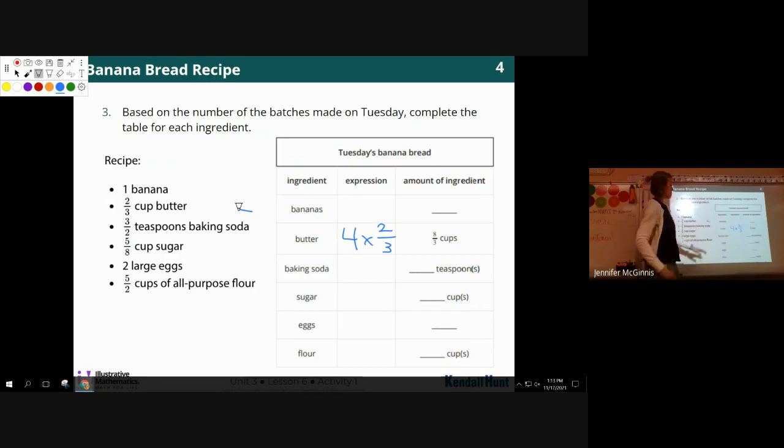Now, if you have 4 groups of 2/3 for the butter, what's your expression going to be for bananas? 4 times 1. Who agrees with Olivia? Why do you agree with Olivia, Charles? Because 1.